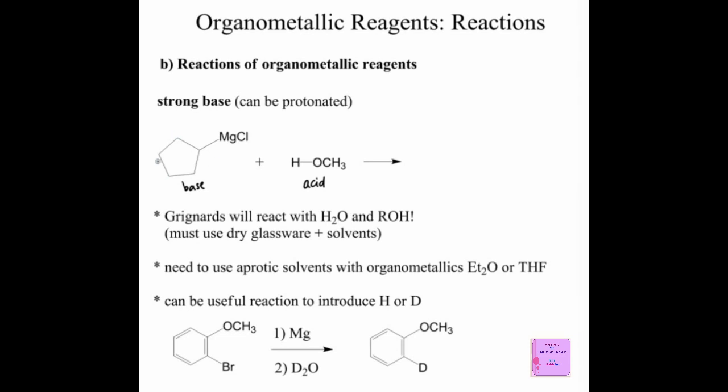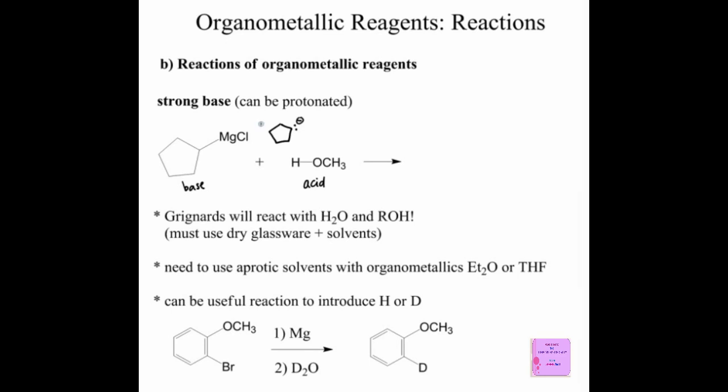Now, one way we can show this reacting, sometimes we just see the arrow coming from this carbon-metal bond. But I think an easier way to do the mechanisms for these is, wherever you had the metal attached, you treat that carbon as if it has a lone pair and a negative charge. Okay, now it doesn't really. It's not an ionic species. But that's a very helpful way to view it. It's a very helpful way to show mechanisms.